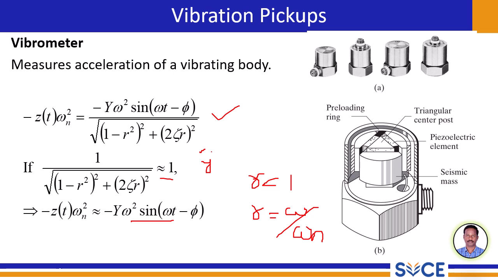Therefore, we write it in this form, and rearranging it, we get the final equation. The phase lag phi is also small in this low frequency range. This shows that the relative amplitude is approximately proportional to the acceleration, since it is omega square y.